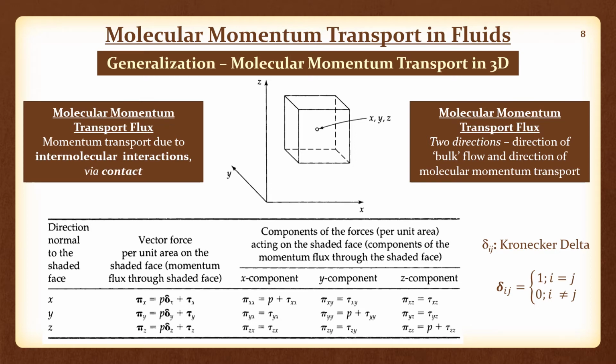Now, if you were to look at these three columns, the x component, y component, z component, each having 3 entries, together as a 3 by 3 matrix, you will notice that for the xx component, yy component, and the zz component alone, you see the pressure being written, and when i is not equal to j, the Kronecker delta value is 0, and therefore for tau xy you don't see a p term added, or similarly for tau xz you don't see a p term added, right?